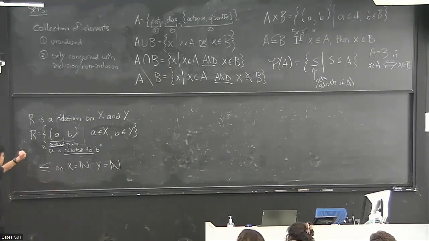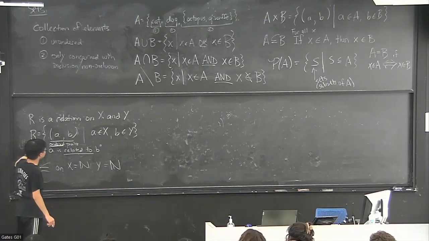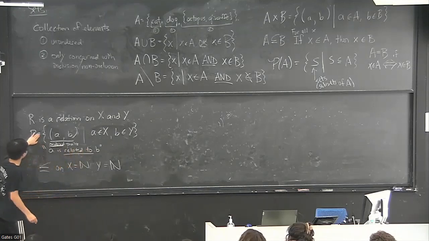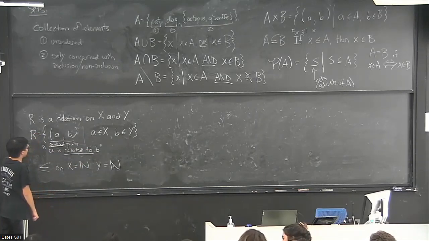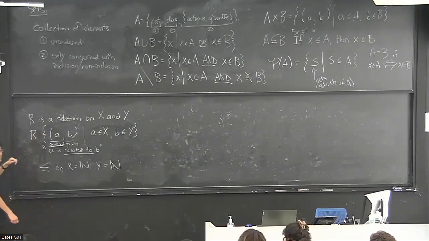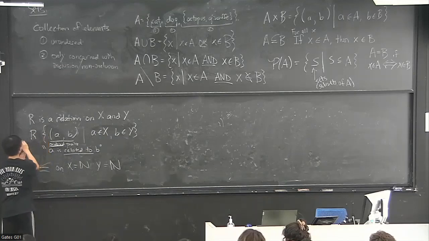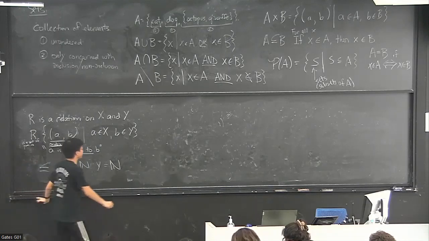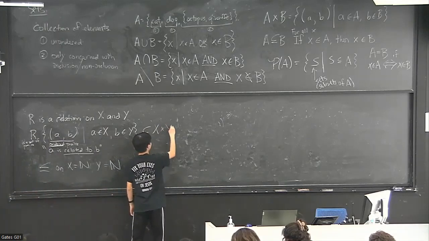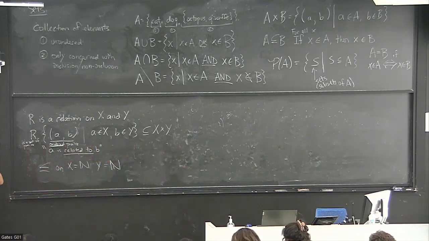Good question. Maybe I shouldn't say that R is equal to this. I think this is slightly imprecise. R is a set also of pairs like this. It's a subset of X times Y. R is in fact a set of pairs.